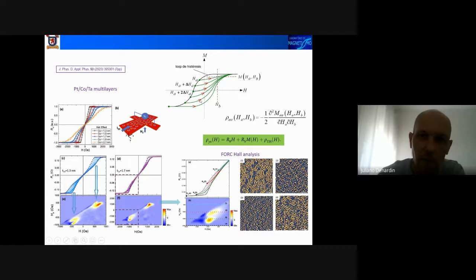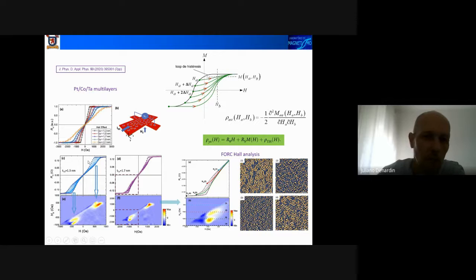The reversal fields are the fields you use to reverse the magnetization or the Hall effect, like this HA plus delta HA, and so on. So every field here where you start this internal curve is a reversal field that is plotted here on the left. And the applied field is the field that you applied. It's the same field as in the hysteresis curve or in the Hall effect curve.